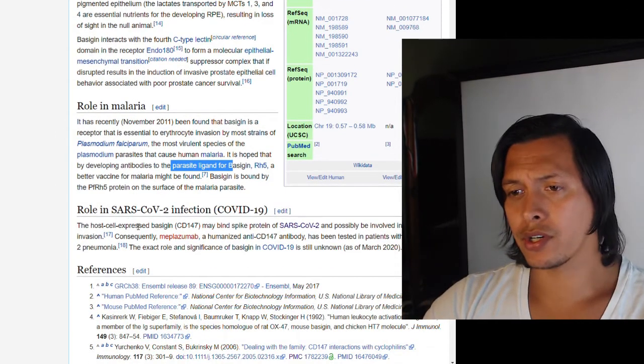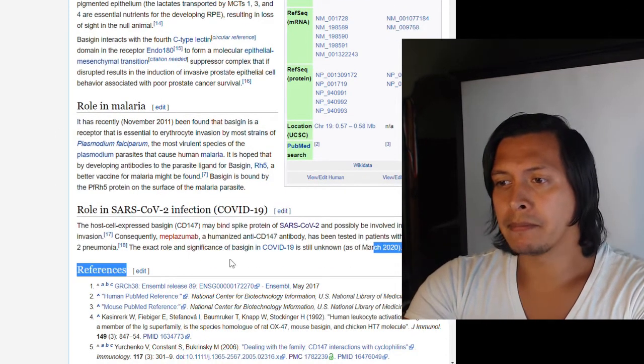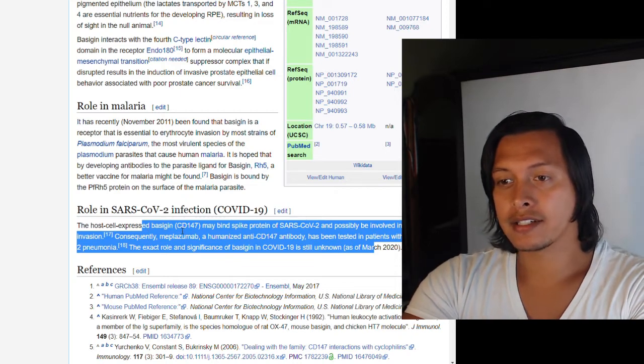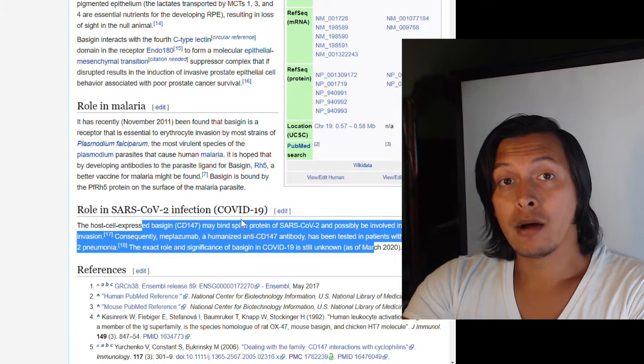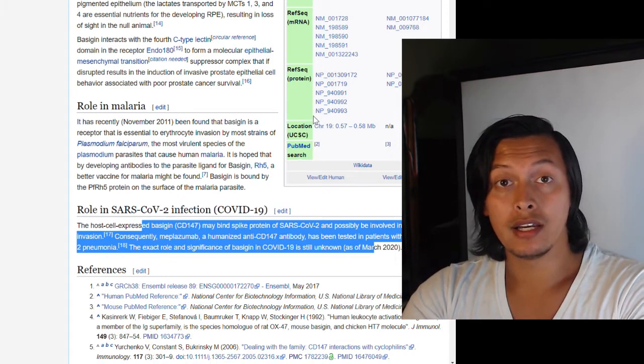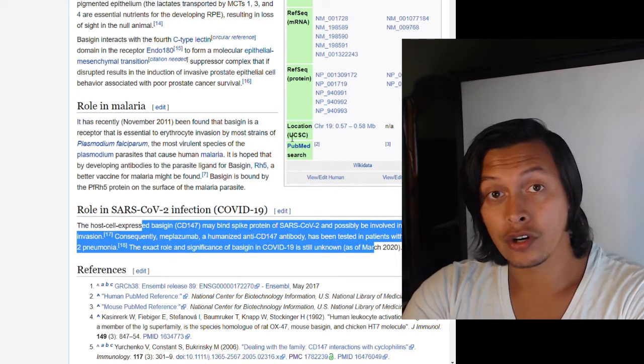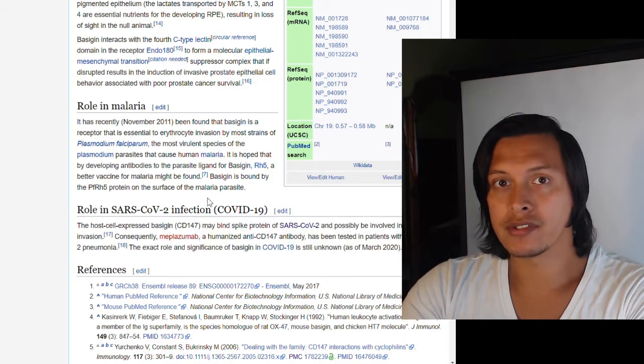And some people are also arguing that CD147 plays a role in COVID-19 progression by allowing the virus to enter a wider variety of cells.